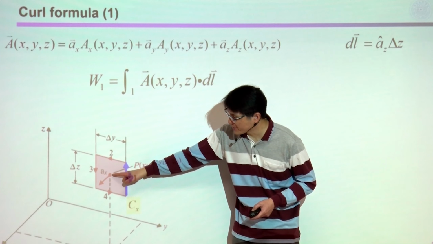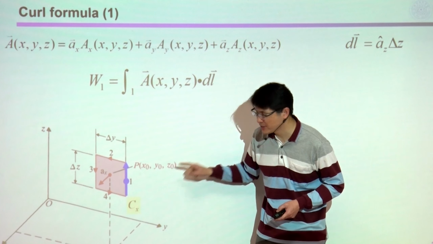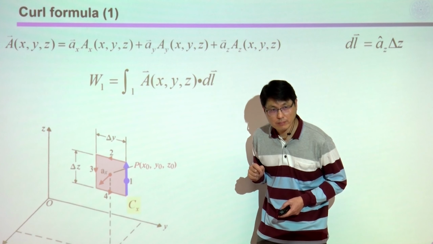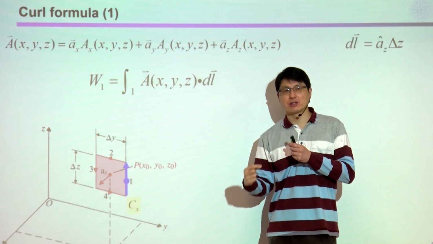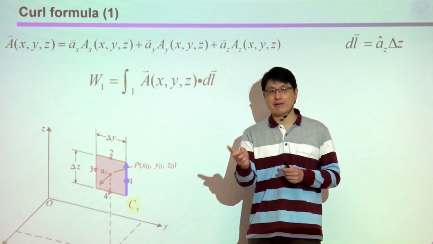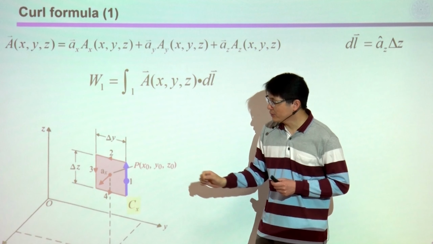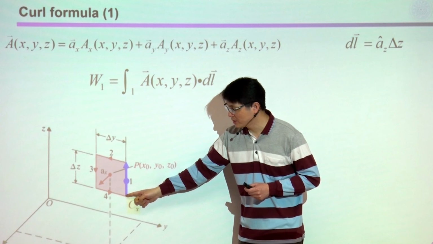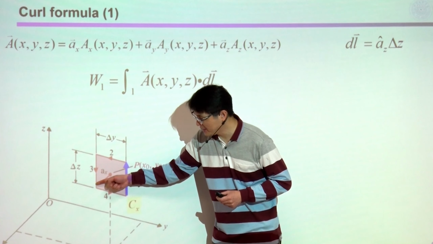And this surface is centered at x0, y0, z0. So this means if I want to know the net circulation over this closed loop, I have to calculate 4 times. I need to evaluate the circulation along segment 1, segment 2, segment 3, and 4.